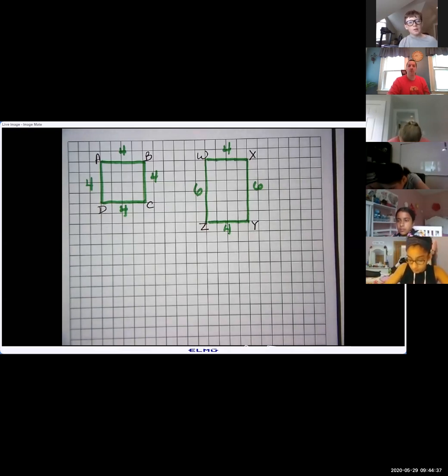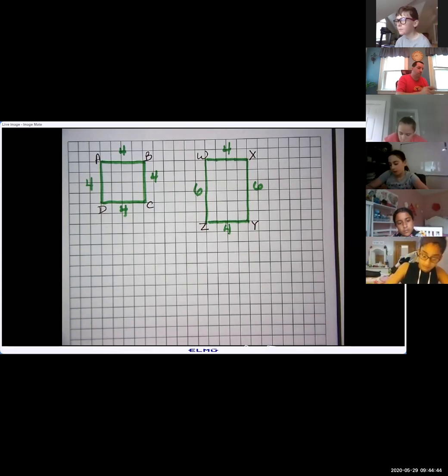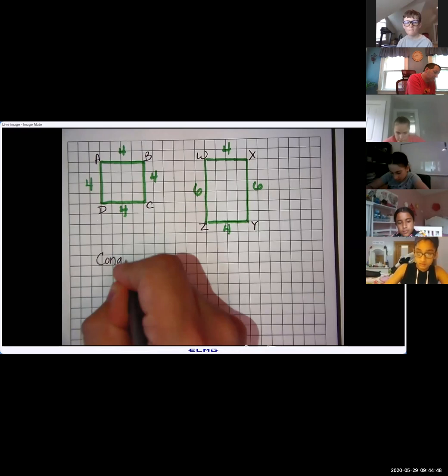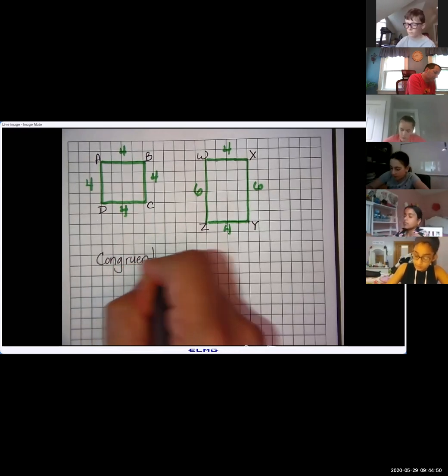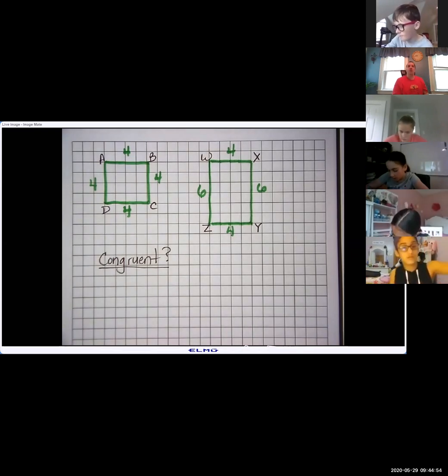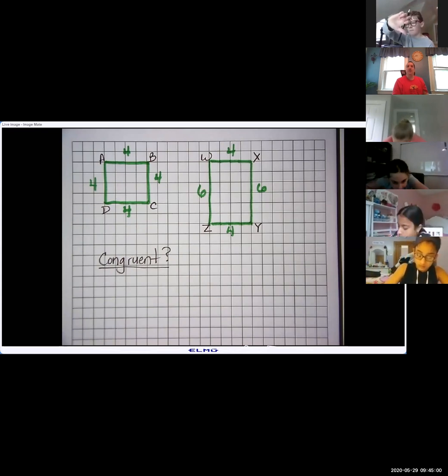Are these two shapes congruent? No. Are those two shapes congruent? Same exact shape, same exact size. Thumbs up, thumbs down.